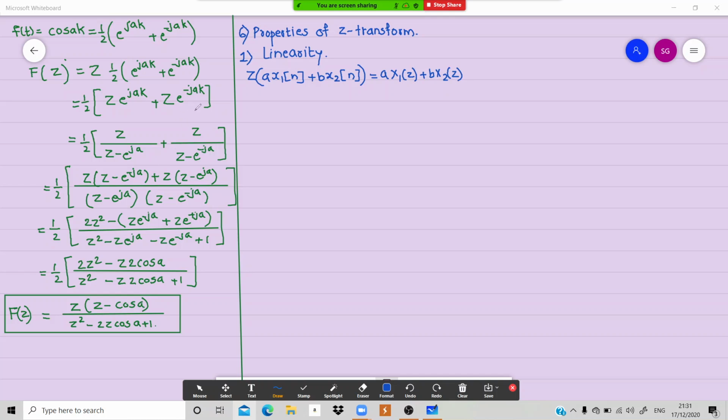Then the second property, I'll write a, so it will be easy for us to differentiate between the numbers, bigger one and smaller one. So this is a, first property. Then second one is b, and b is time delay. Now time delay, we can say one more word to that, time shift towards right or to the right.